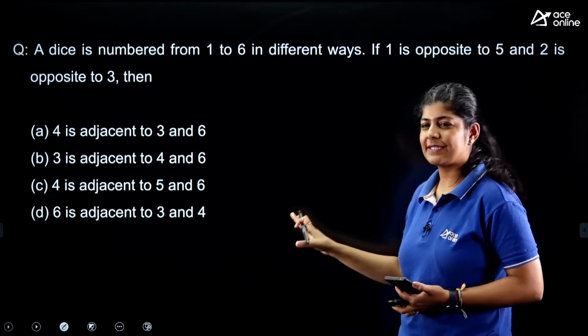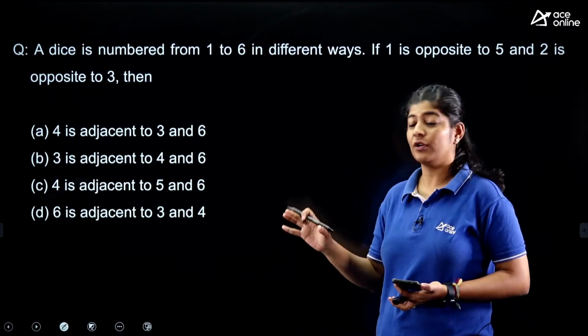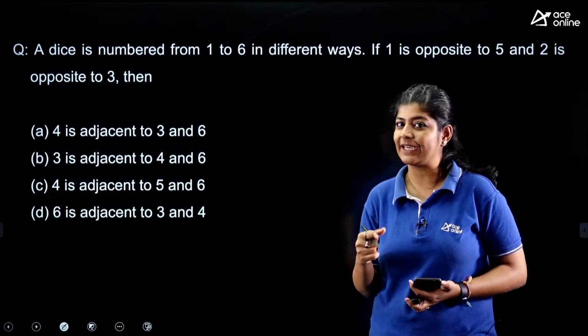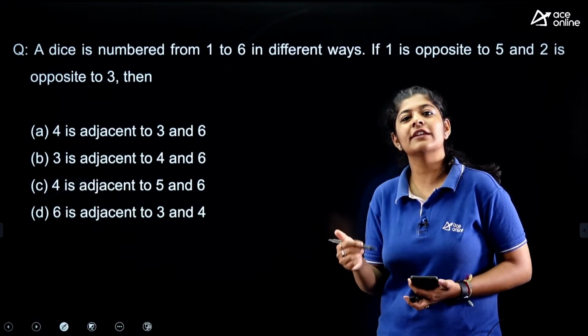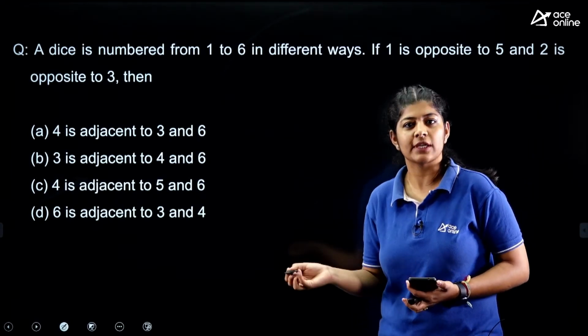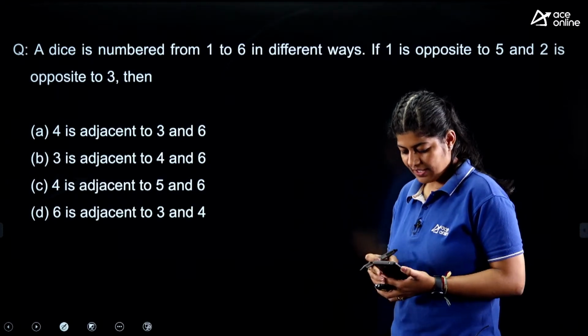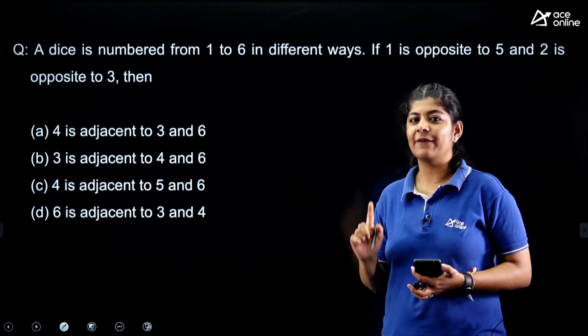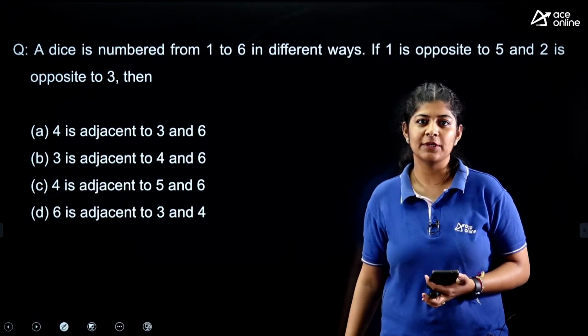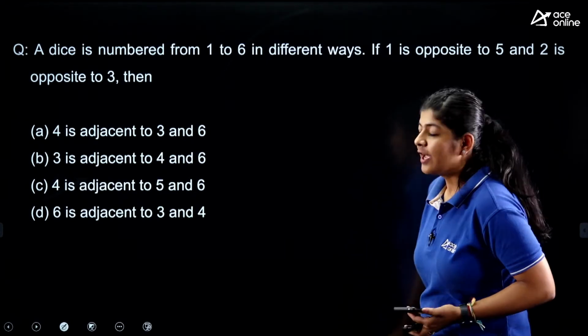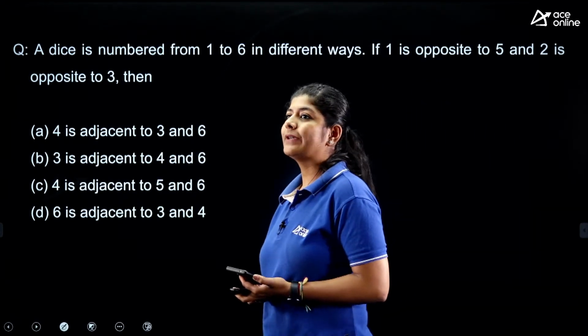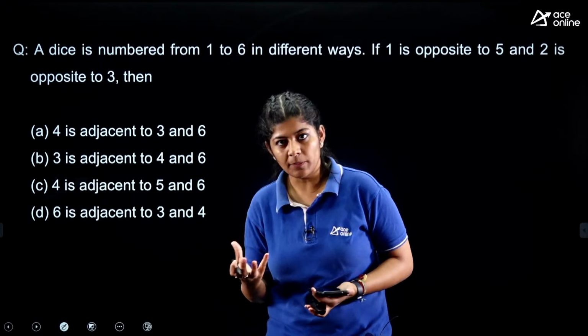This question is a very simple one. Whenever we have questions from the concept of dice, we can solve it in 1 to 2 seconds. We only need to apply one single property and we can easily solve this question. We know that a dice is made up of a cube, right?